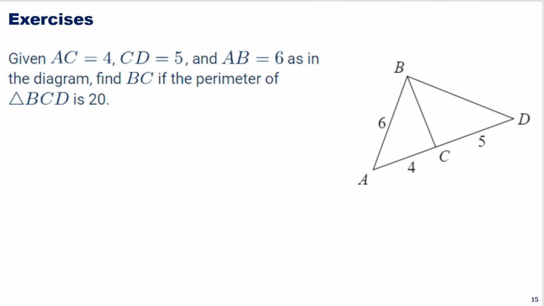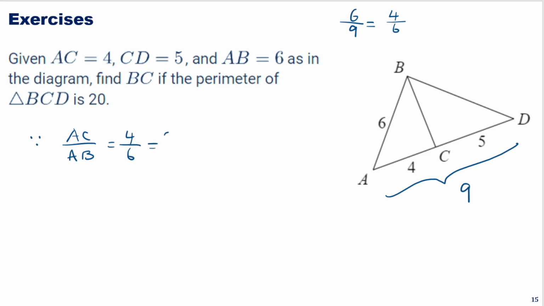Okay, I'll give you a hint. So AD equals 9, right? Also note that 6 over 9 equals 4 over 6, right? So what does it tell you? Because AC over AB equals 4 over 6, which is 2 over 3, and AB over AD equals 6 over 9, which is also 2 over 3.